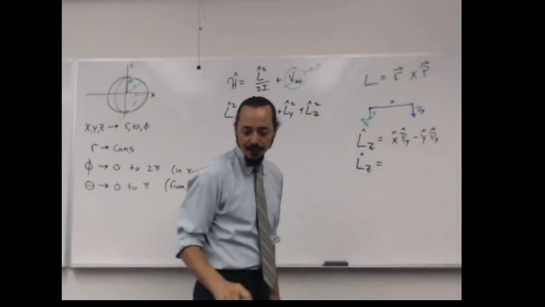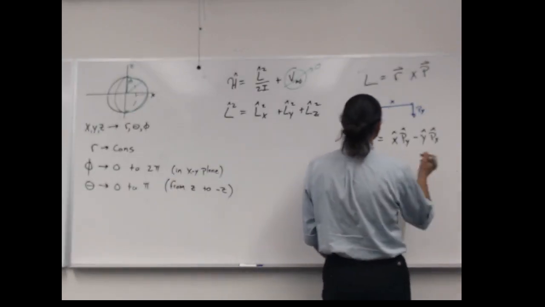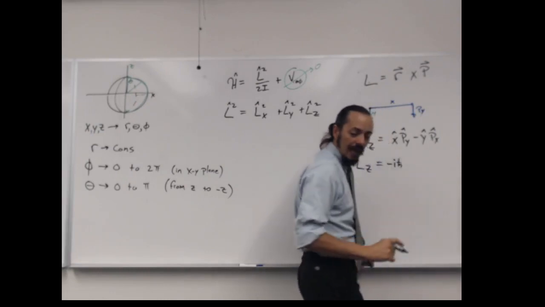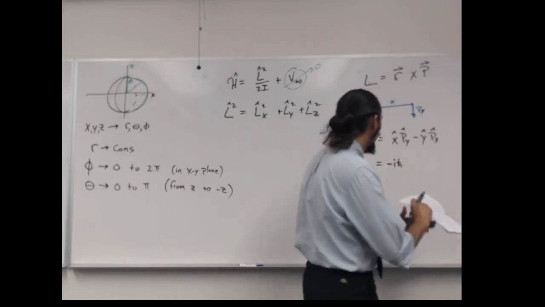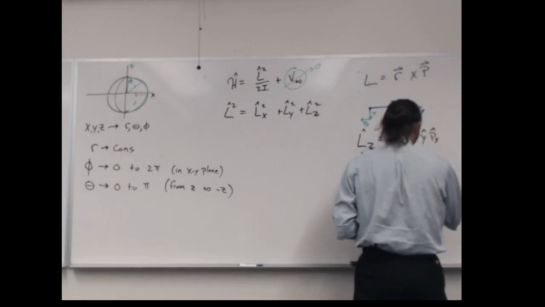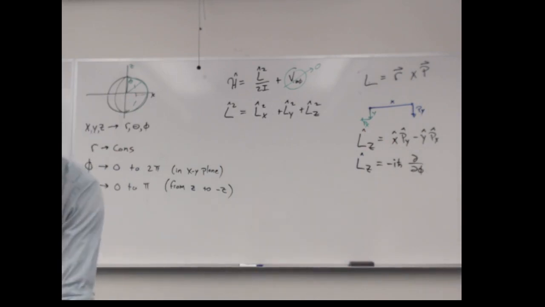If we translate this to spherical coordinates, this one is going to end up being negative i h bar, because the momentum piece is there, d by d phi. And it turns out, the question that we had just a moment ago, when we were looking at particle in a ring, we were really doing our Lz, angular momentum operator.